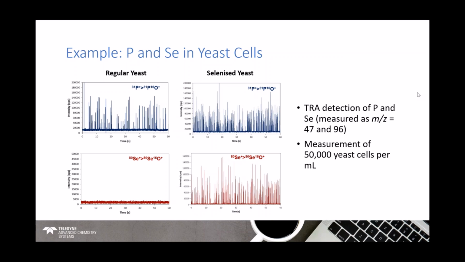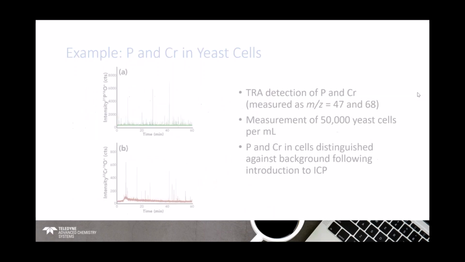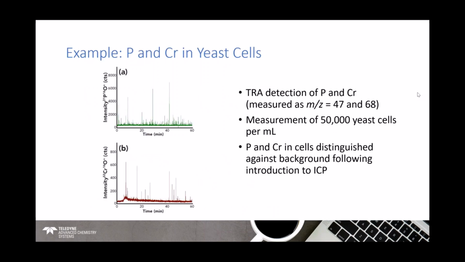So the same can be said for phosphorus and chromium data. In terms of different yeasts, you can get yeast spiked with selenium or chromium from a nutritional point of view. And again, we're seeing here time-resolved analysis detection of phosphorus and chromium at mass-to-charge ratio 47 for phosphorus and 68 for chromium.